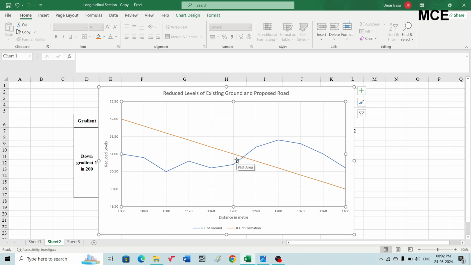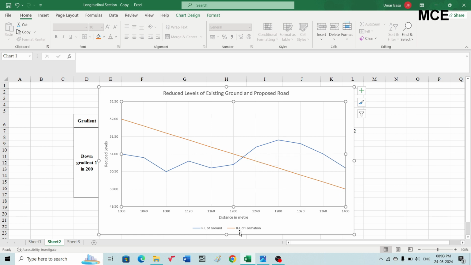So we have to find the distance where our road passes from banking to cutting. This is between station 1200 and station 1240. At station 1200 the height difference between RL of formation and RL of ground is 0.3 meter, and at station 1240 it is 0.4 meter.